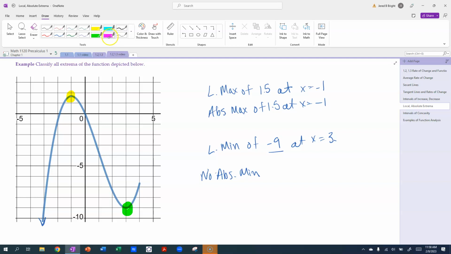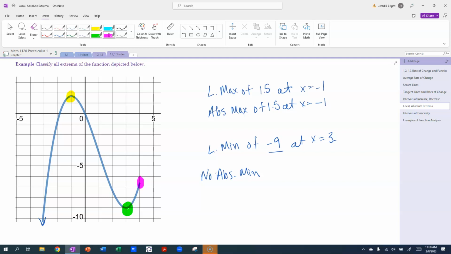There is one point that we might need to think about a little more deeply, and it's that endpoint. Endpoints are notoriously difficult to classify, and honestly it depends on who's teaching you and what book they're using.